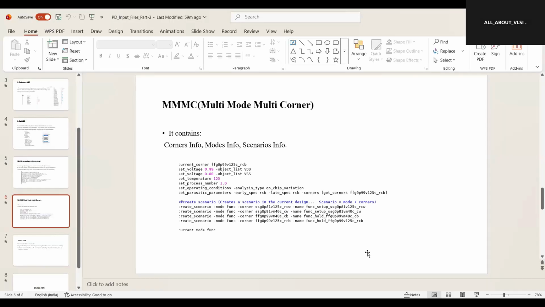And after that, the MMMC file. MMMC means multi-mode and multi-corner. So what is the need of this file? If you want to check my design at every corner and every mode to meet the complete information, for that reason we are using this multi-mode multi-corner. It contains the complete information of every corner, mode and scenario.